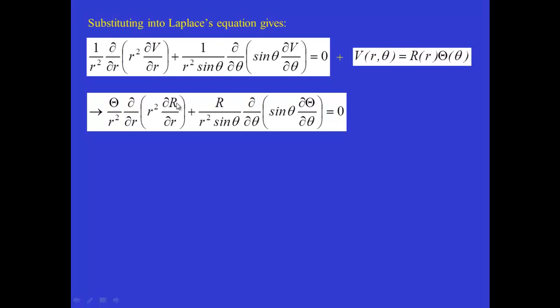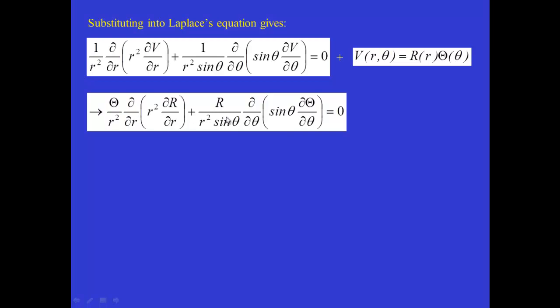So there's the derivative of R with respect to little r, and the theta function comes outside. The same kind of thing happens for the theta function in the second term, because only it has a derivative with respect to theta. So now we see this 1 over r squared term in both terms on the left-hand side.